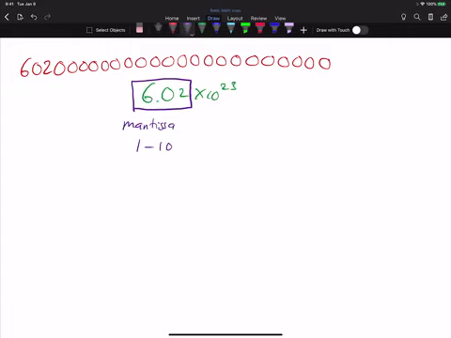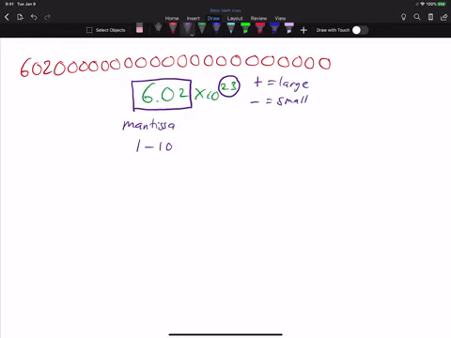Then you have the times 10 component, and then in this purple circle, the exponent. Now in this case, you'll notice that the exponent is a positive number, and positive exponents represent large numbers. If the exponent were a negative value, that would indicate that the original ordinary number was a small number.